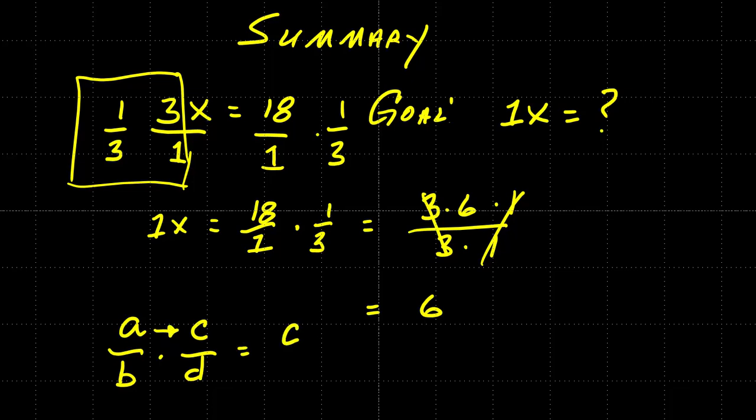It's going to be a times c, and then you multiply the denominators and keep them in the denominator. It's going to be b times d. So that pretty much wraps it up for equations involving just multiplication and division.